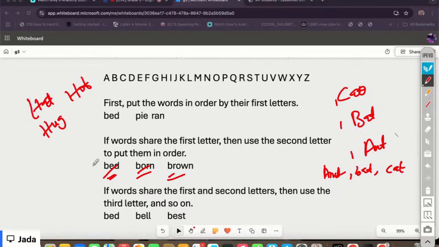So which one? Can you tell me in the chat? We have hat, hog, and hot.